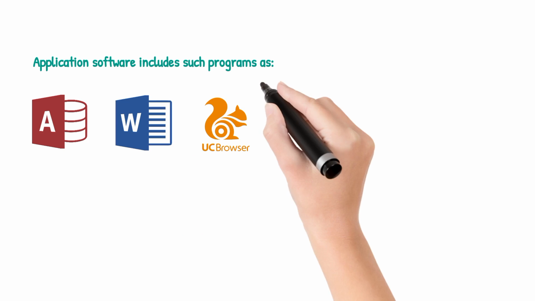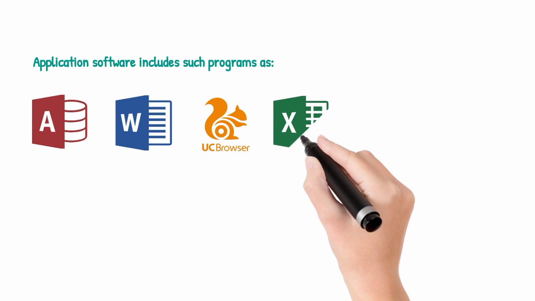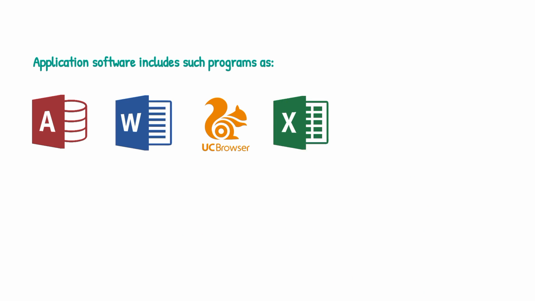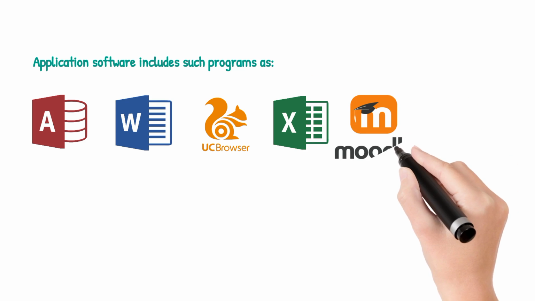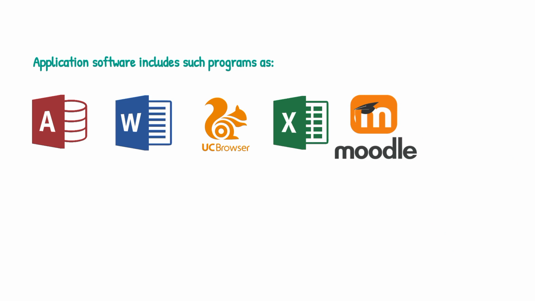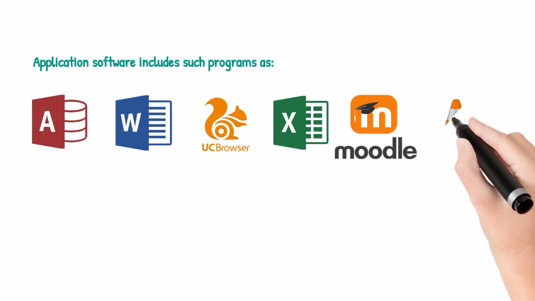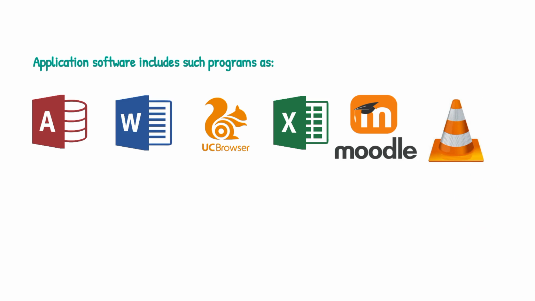We can also talk about programs like the spreadsheet program, which is Microsoft Excel. You can look at e-learning programs such as Moodle. You can talk about programs such as the media players on your PC, which can either be VLC or Virtual DJ, just to mention a few.